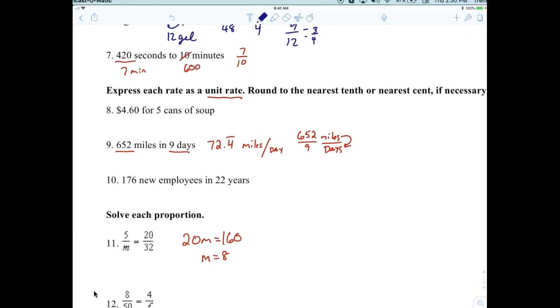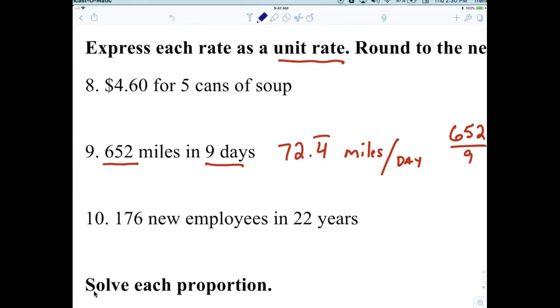All right, we're going to talk about 8. Super, super important problem. You go to the store, and you see 5 cans for $4.60. I want to know the cost per can. That means what number goes first? The cost goes first.